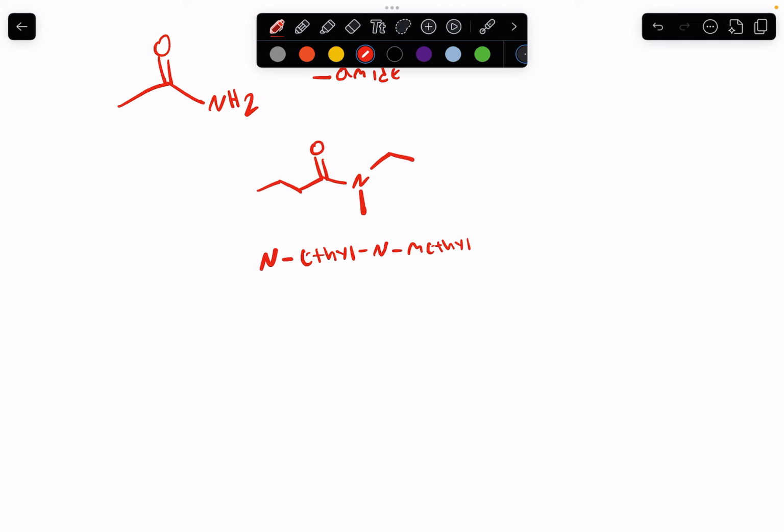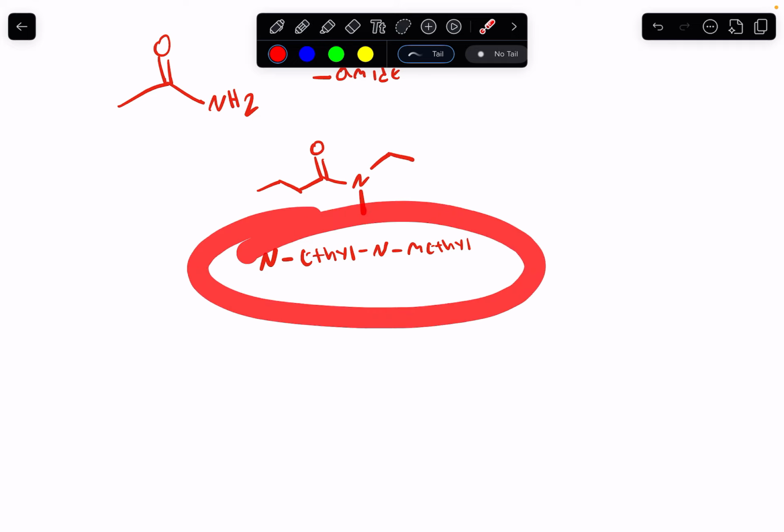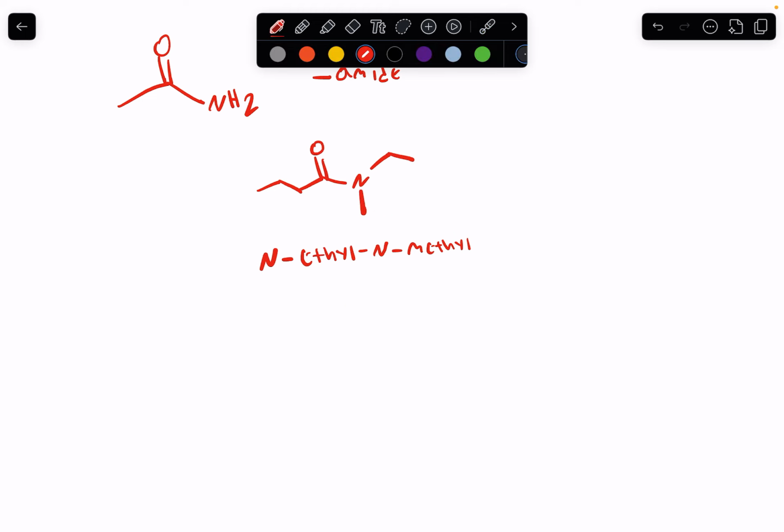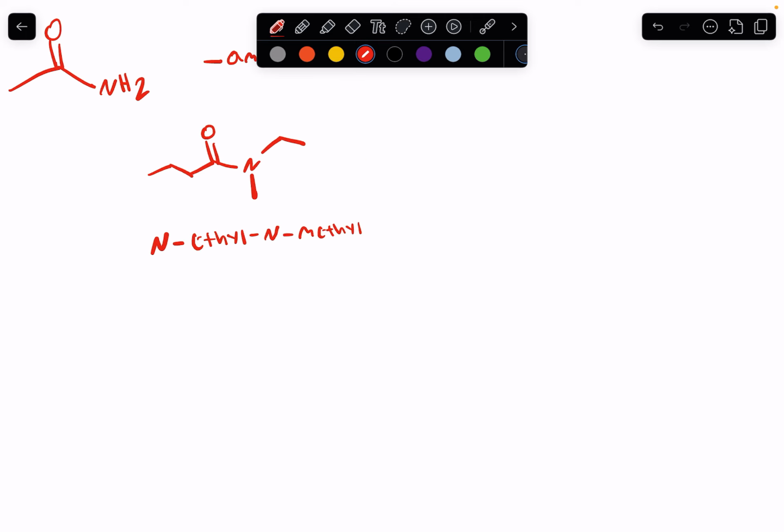I did ethyl, methyl in order because we follow nomenclature rules, and that says we do it in alphabetical order. Okay, so make sure that you understand that if you see N and then an alkyl group, that means it's on the nitrogen. And then the rest of this will be butamide, because 1, 2, 3, 4.